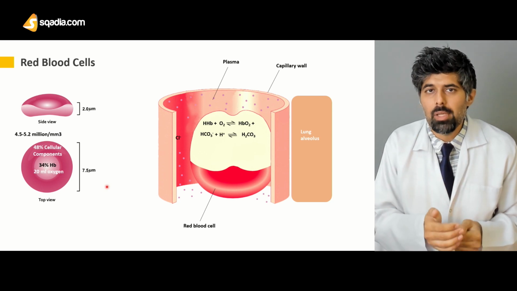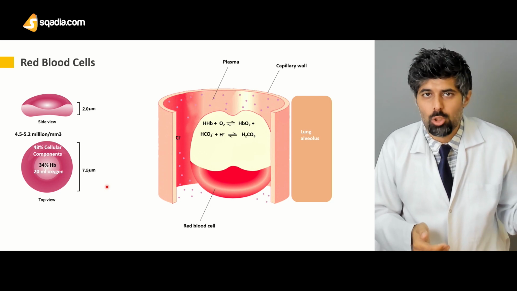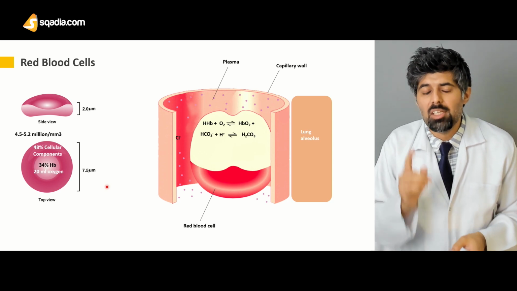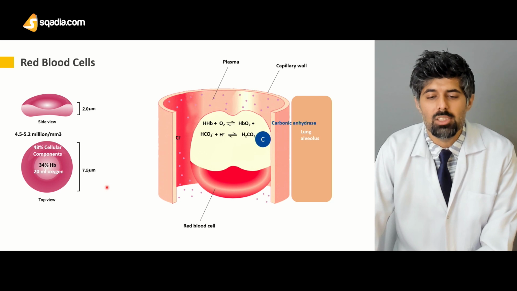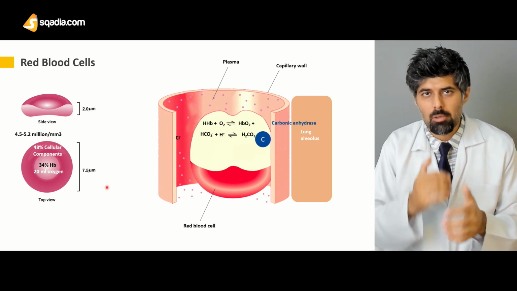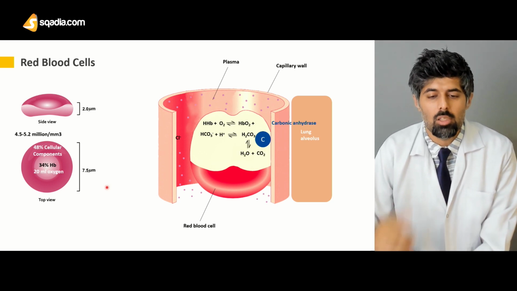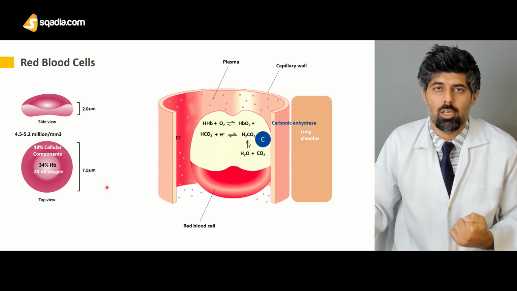The first one being the transport and exchange of oxygen across the whole body. The second one is that they contain a certain enzyme, and that enzyme is known as carbonic anhydrase. And carbonic anhydrase facilitates the reversible conversion of carbonic acid into water and carbon dioxide.